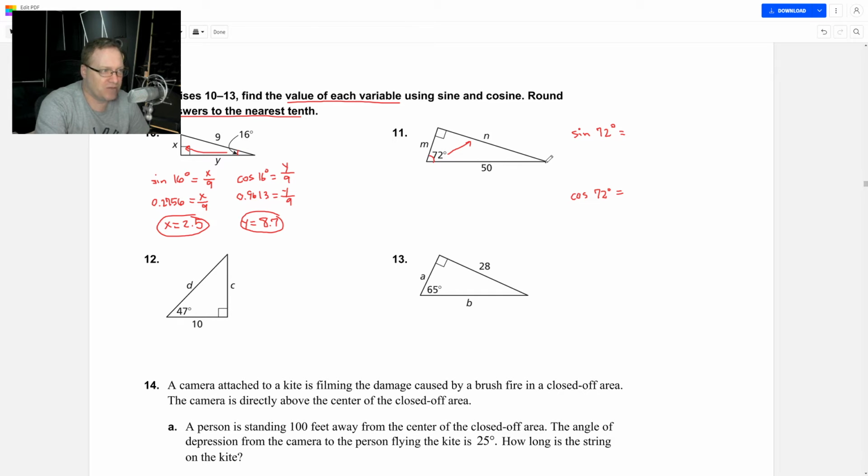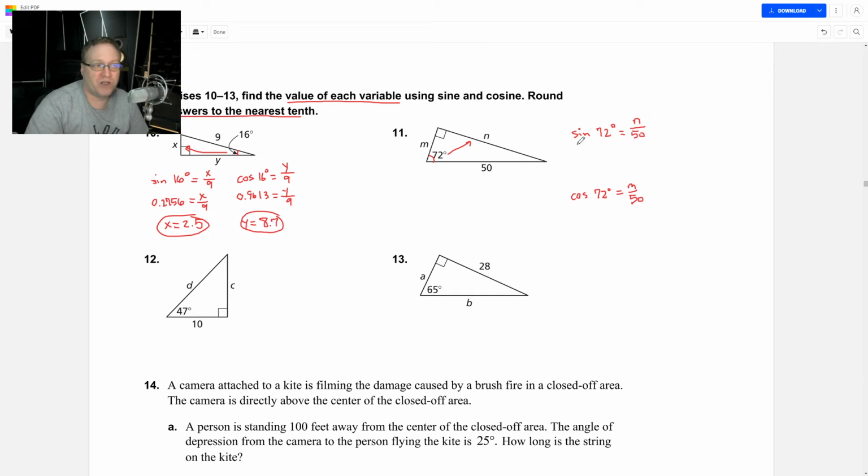The hypotenuse is 50. The opposite is n. So it's going to be n over 50. And the cosine is the adjacent, the leg that's next to it, not the hypotenuse, over the hypotenuse. So m over 50. So we've already got our two equations.